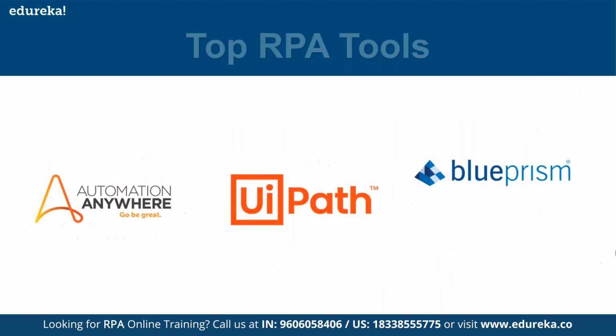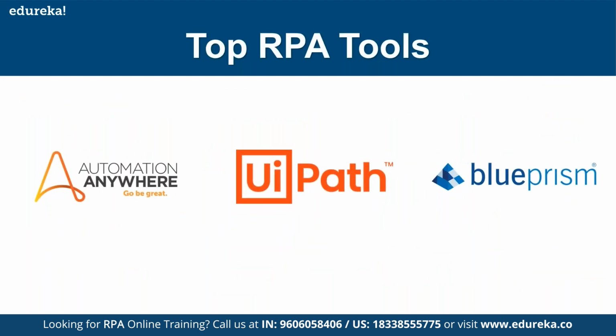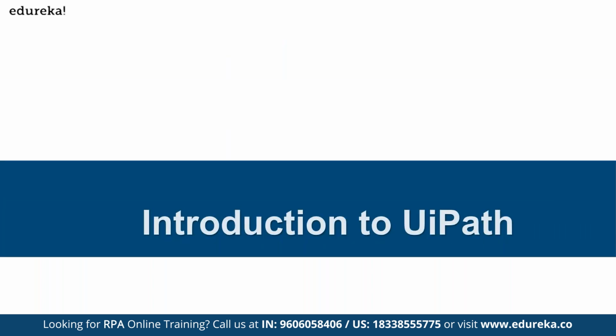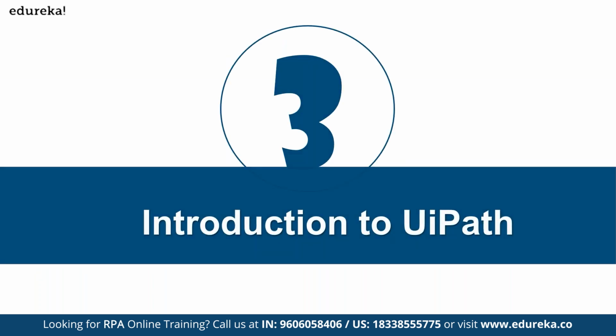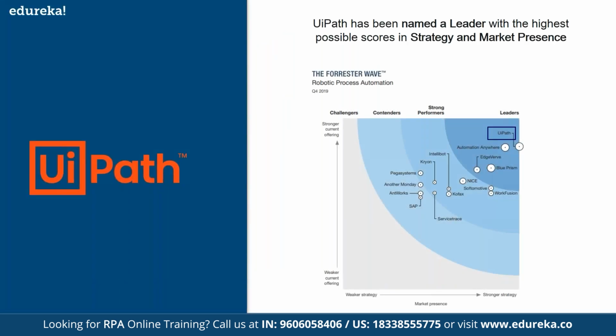And yeah, this is the next slide. The top RPA tools among all the tools we looked at in the previous slide are Automation Anywhere, UiPath, and Blue Prism, right? When we talk about UiPath, I said it is a market leader, and I'm not just saying that in words. This is a real proof, you can see it on the website. That is the Forrester Wave, which gives us the analytics of how the tools are performing in the market.